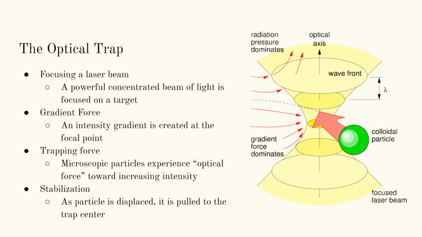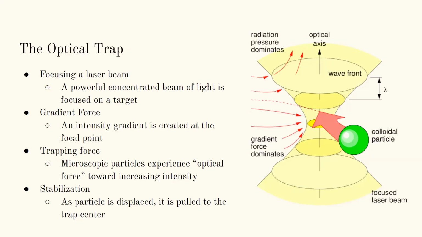And microscopic particles tend to experience optical force towards the direction of increasing intensity, which, of course, is the focal point of this beam. So naturally, any particles that are trapped in this optical trap are going to be moving towards the focal point because they want to move into the direction of higher intensity.